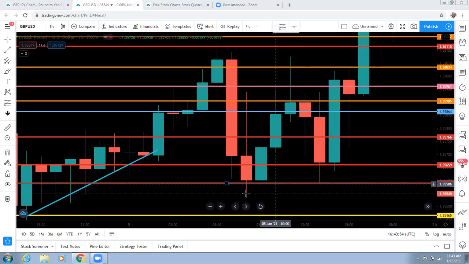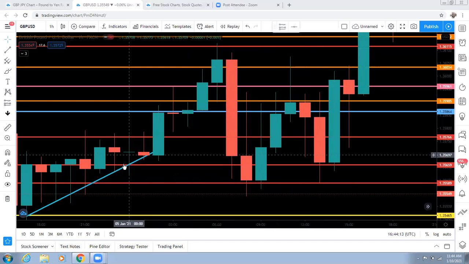Oh yeah, no problem. Does everybody understand that it came up here, wicked, showing respect to this resistance level, and pulled back down here? What happened at this level? Look left. It was using this level as a support, right? A support level.